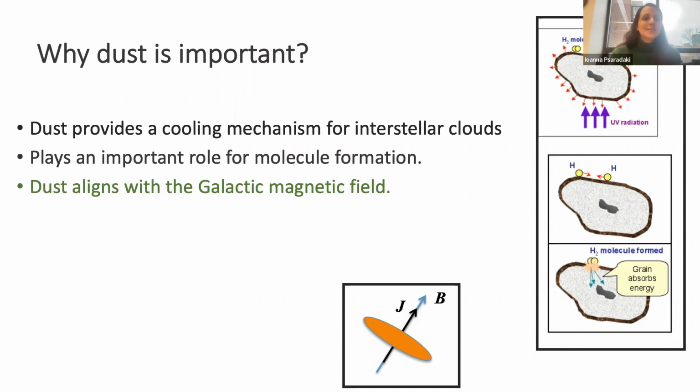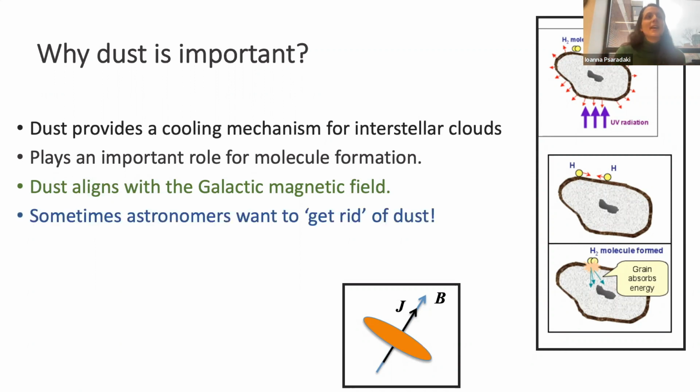Another magical thing about dust grains is that if we assume that their shape is elongated, what we know today is that they align their short axis with the galactic magnetic field. And this has enabled the studies of the direction of the plane-of-the-sky magnetic field and its strength. So we can, for example, test different star formation theories.